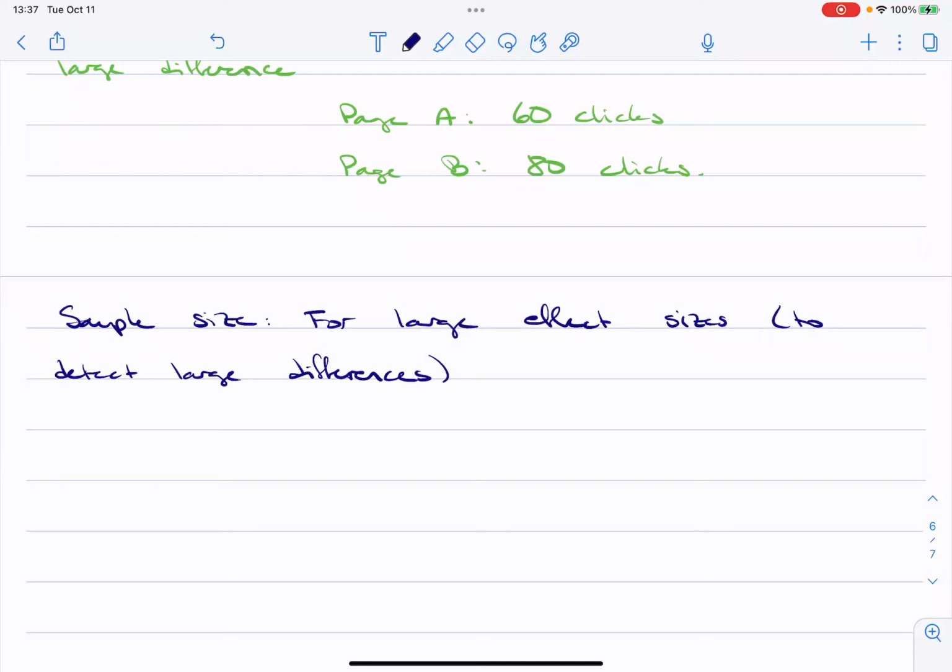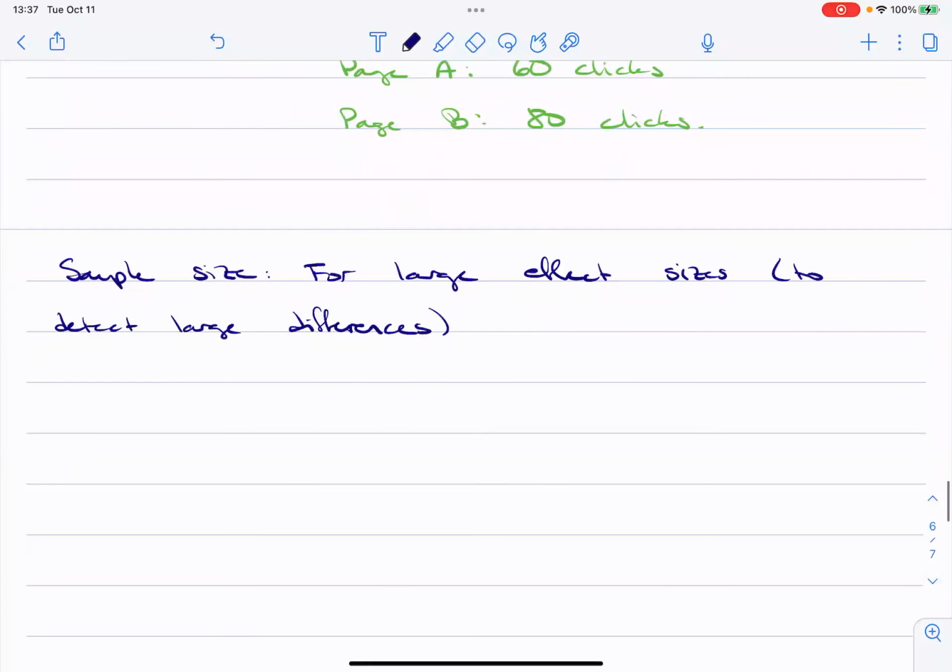But if we're looking for an effect size that's quite small, then we would need to collect more data. We'd need to increase our sample size.